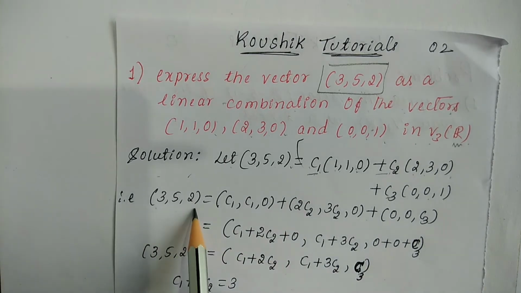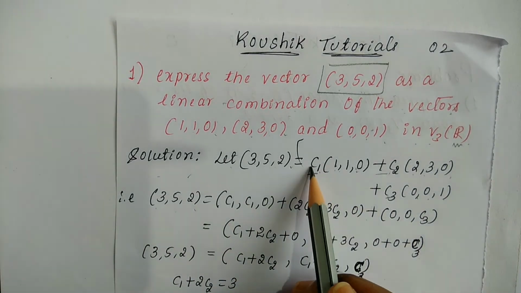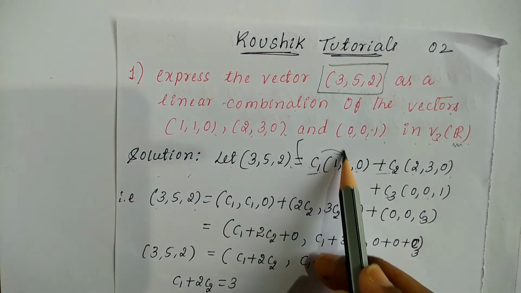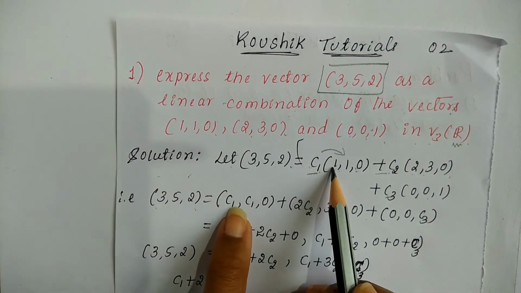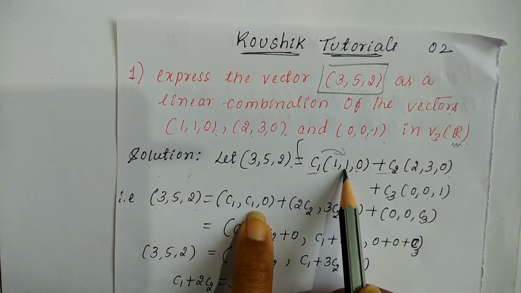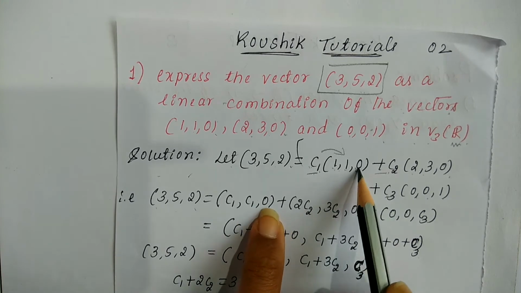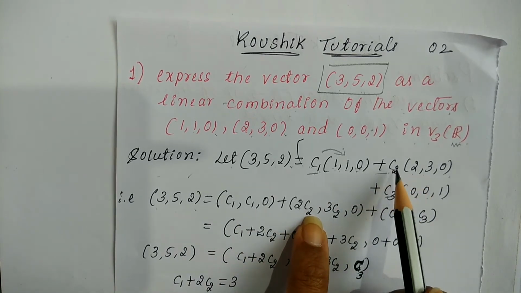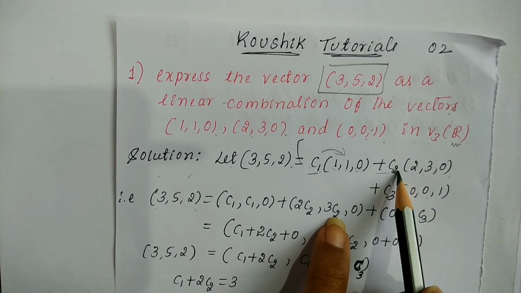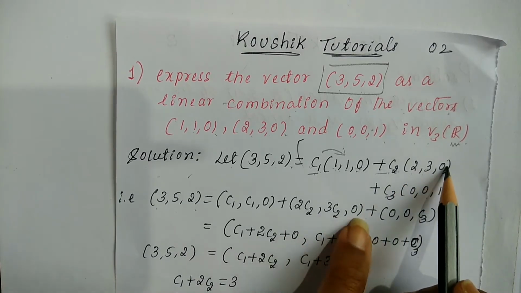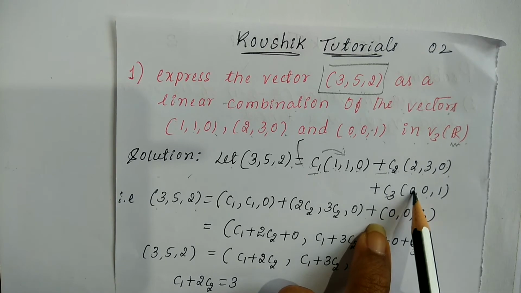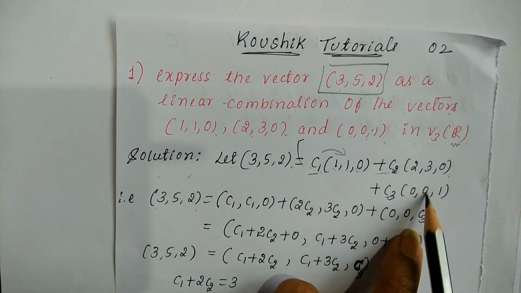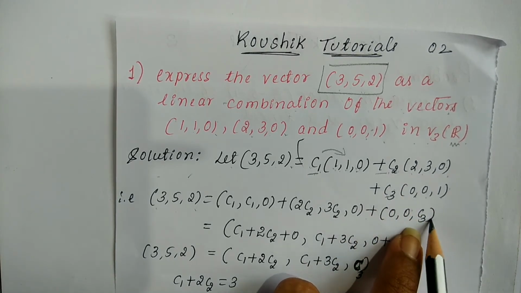Now (3, 5, 2) can be written as: multiplying C1 within, C1 times 1 is C1, C1 times 1 is C1, C1 times 0 is 0, plus 2 times C2 is 2C2, 3 times C2 is 3C2, C2 times 0 is 0, plus C3 times 0, 0, plus C3 times 1 is C3.